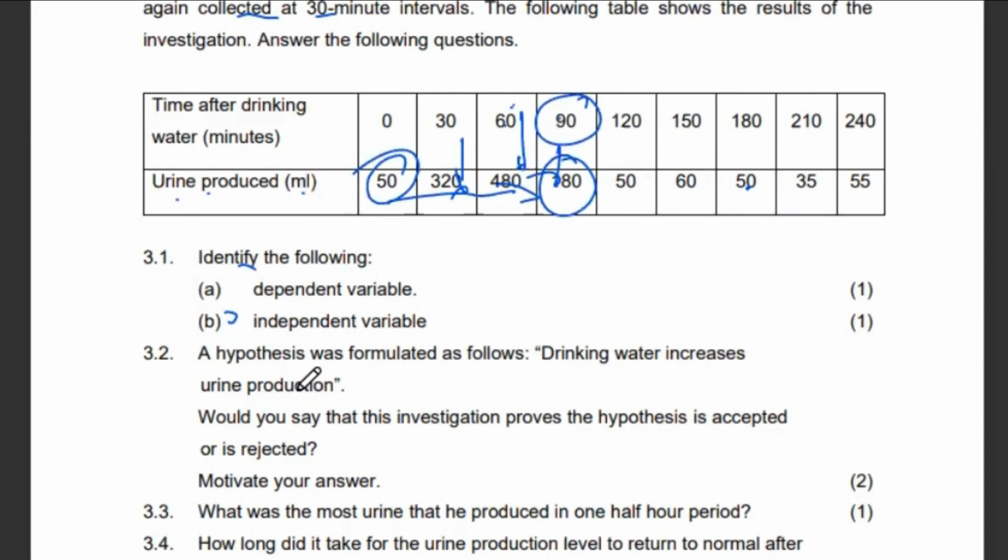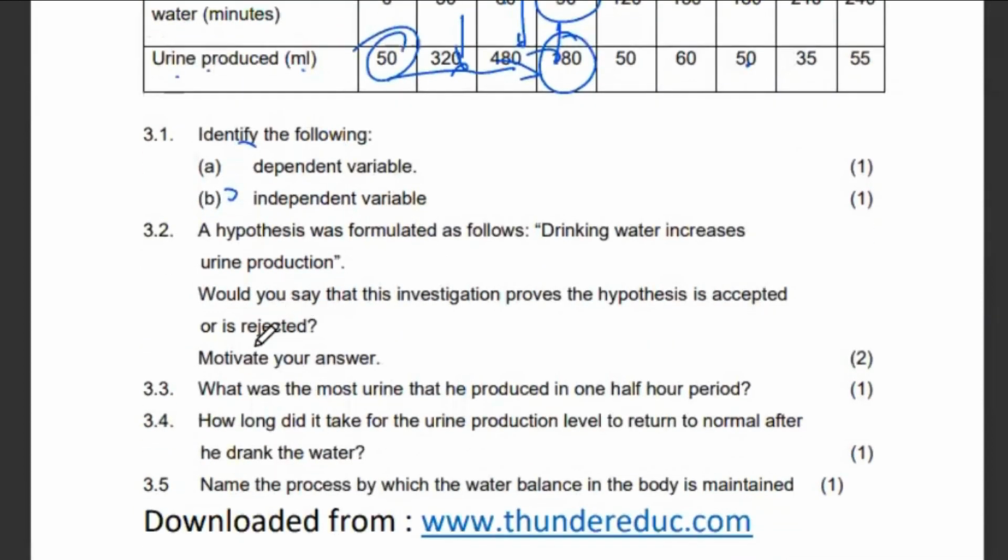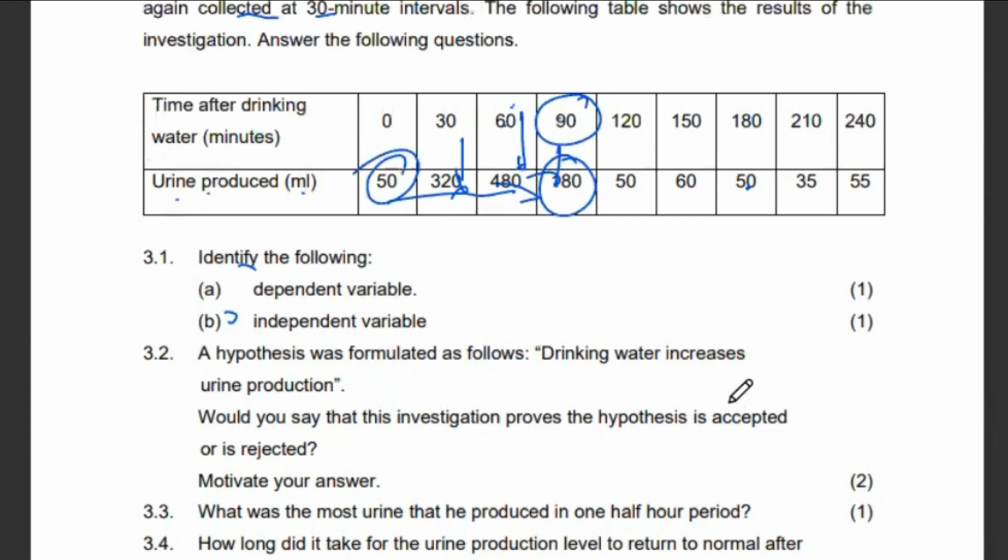Then you go to: what was the most urine produced in one half hour period? Okay, sharp.